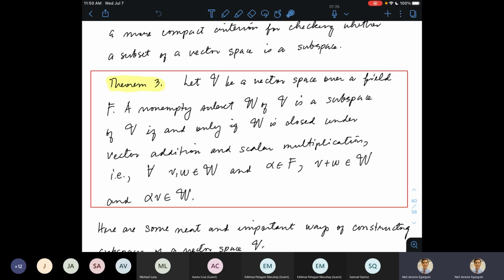So from now on, if I ask you to prove that a set is a subspace of another set, all you need to do is check: is the sum of 2 vectors in that subset also in the subset? And is the scalar multiple of any vector in that subset also in the subset? If those 2 conditions are met, then we can say that the non-empty subset is indeed a subspace, all right?